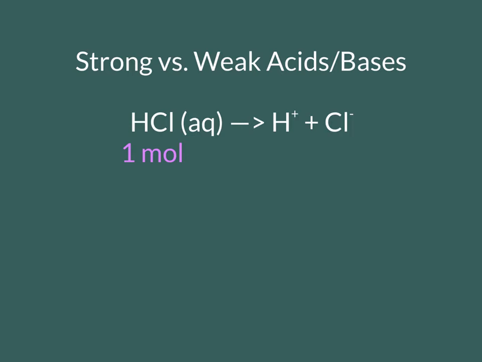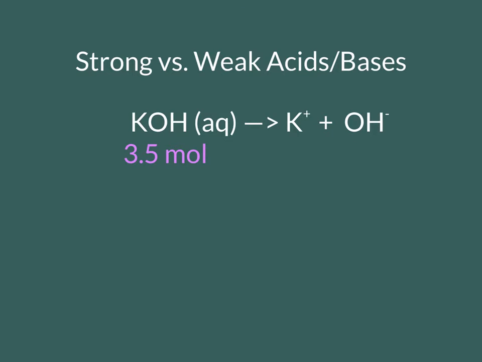So for example, if I have 1 mole of hydrochloric acid, when that dissociates completely, I'm going to have 1 mole of hydrogen ions and 1 mole of chlorine ions. If I were to have 2 moles of hydrochloric acid, then I know after dissociation I would have 2 moles of hydrogen ions and 2 moles of chlorine ions.